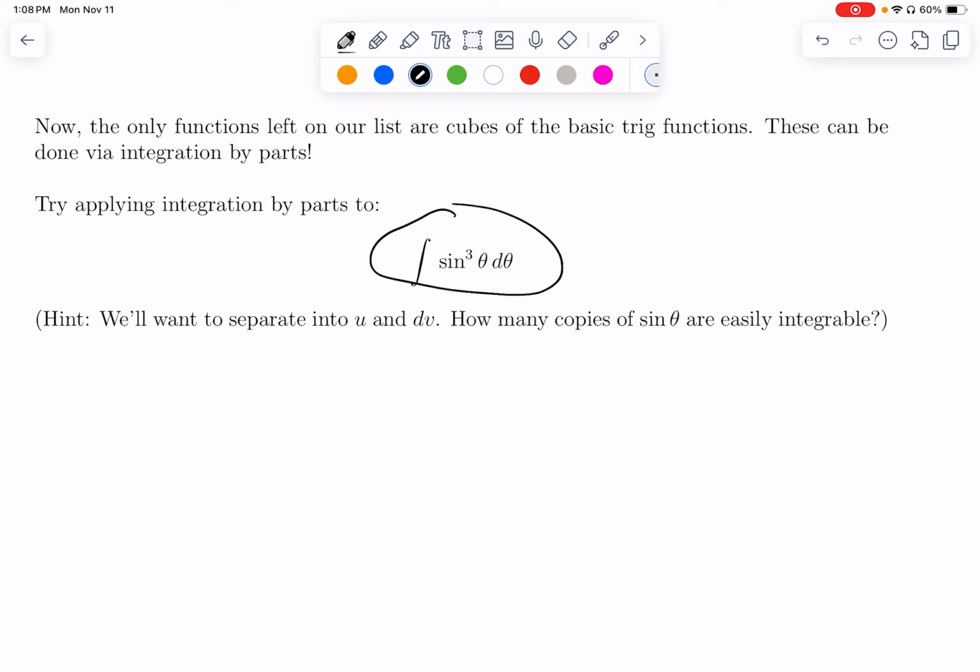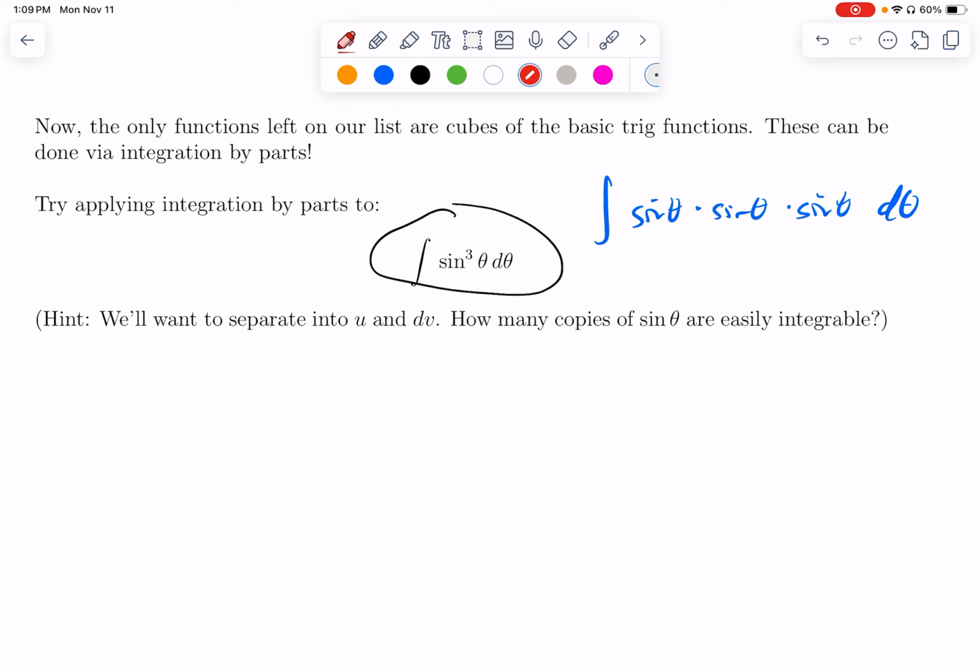Now, obviously, what we're integrating here is just sine theta times sine theta times sine theta, right? And I want you to ask yourself, how many copies of sine theta are easily integrable? I don't mean possibly integrable, but easily integrable, and make that your dv. So pause and at least try the first step.